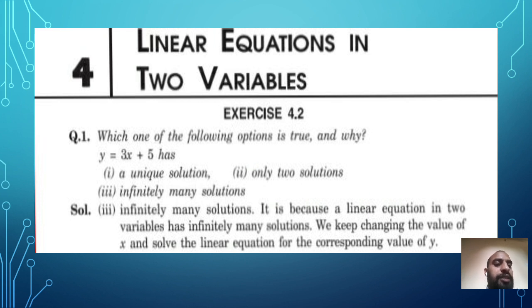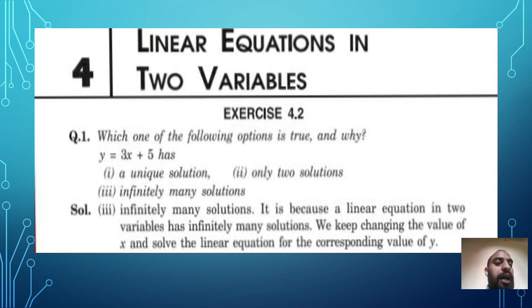Your first task, my dear student, is to understand what is given to you. An equation, that is y equals 3x plus 5, and it is having two variables. So in the statement it is written there, an equation having two variables has infinitely many solutions. So our answer is third, that is infinitely many solutions.